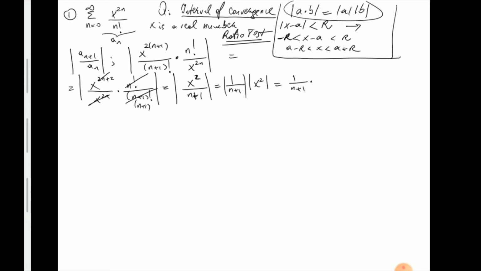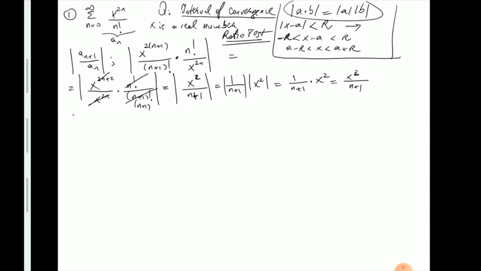And then you're left with something in terms of x inside the absolute value. In this particular case, you can get rid of that absolute value as well, because x squared is a positive number, positive or 0. So that quantity that came from the ratio test was just x squared over n+1.